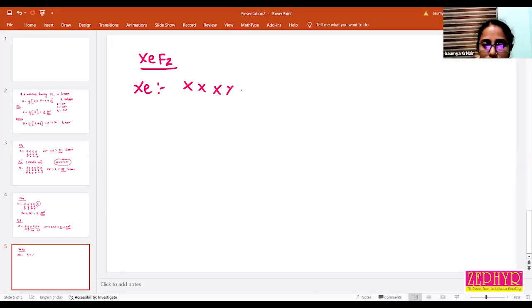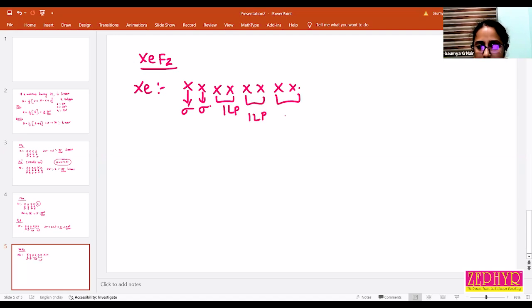Each fluorine is bonded with xenon by a sigma bond only, sigma, sigma. And each xenon has lone pairs, 3 lone pairs in total. So 2 sigma and 3 lone pairs.